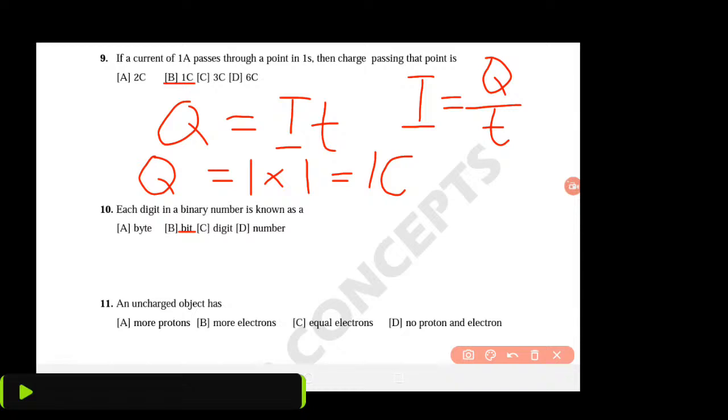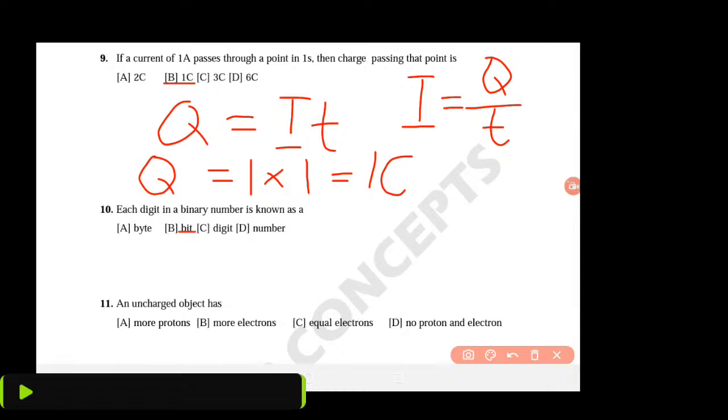Question 11. An uncharged object has dash. When an object is not charged, that is when we have an atom. An atom consists of an equal number of protons and electrons. That is what makes an atom not to be charged. If protons are more than electrons, definitely that element will have a positive charge, and if a substance has more electrons than protons, definitely it will be negatively charged.